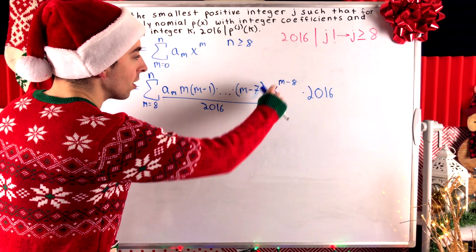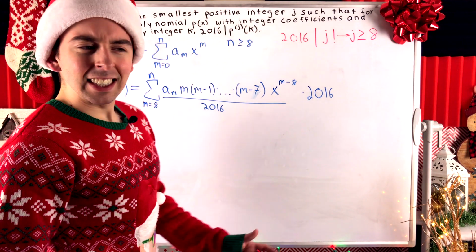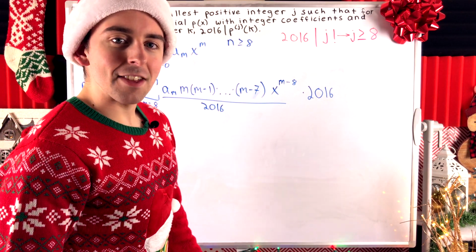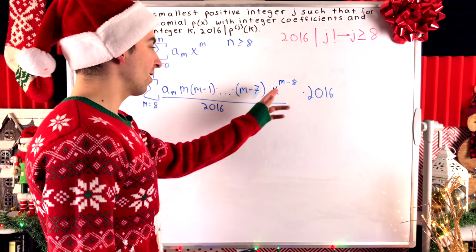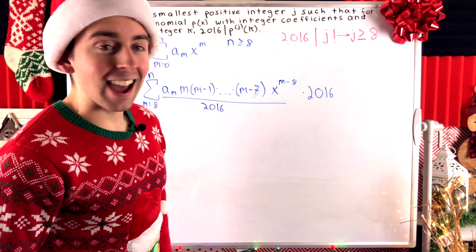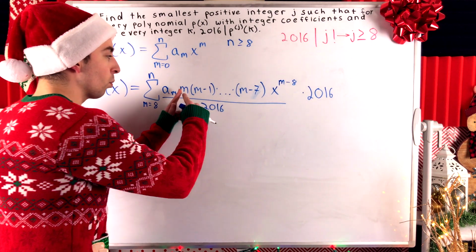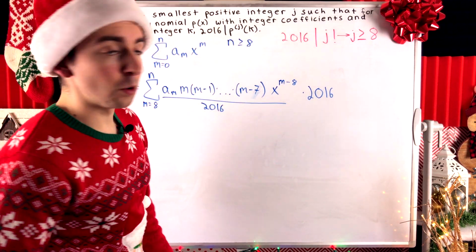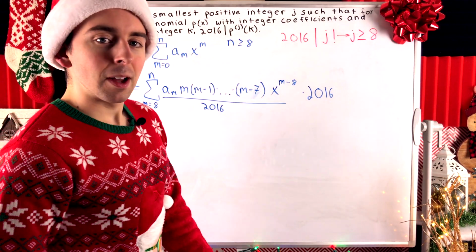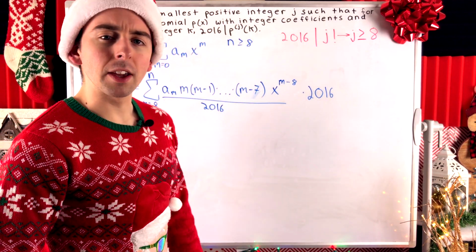What about x to the power of m minus 8? Well, we don't really know anything about that either. This has to work no matter what integer we plug in for x, so we really don't know anything about that. So all that remains is this string of factors, m times m minus 1 times m minus 2, all the way down to m minus 7. Maybe we can do something with that.